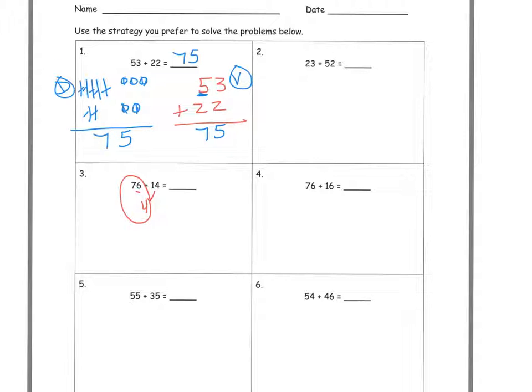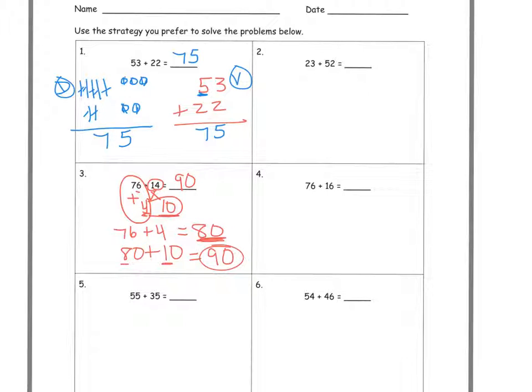And I know that 4 and 10 make 14. So I'm going to do 76 plus 4 to get my next 10 of 80. And then I'm going to take that 80 and add it to the 10 that I still have here in my number bond. So 8 tens plus 1 ten is 9 tens, or 90.